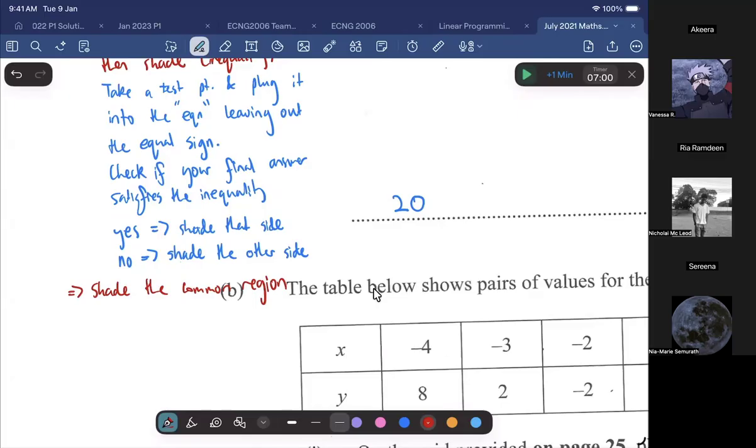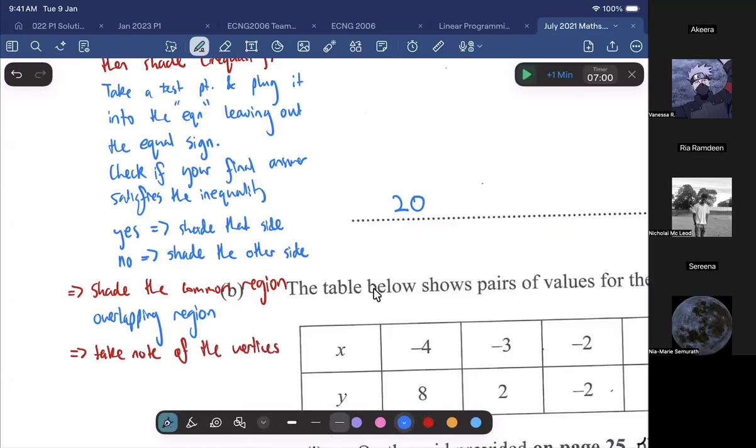Where all of the regions are shaded, right? The overlapping region. The next thing, take note of the vertices.